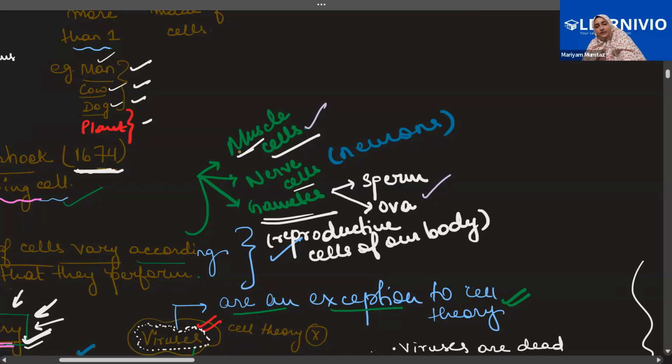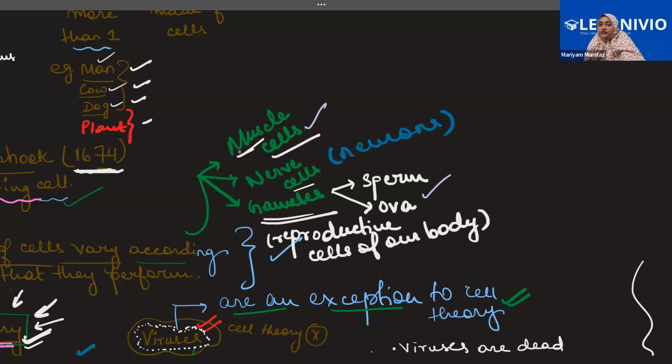They have a different shape. The nerve cells are the longest cells of our body, so they also have a different shape. And then there are the gametes: the sperm, which is the male gamete, and the ova, which is the female gamete. They have a separate function in reproduction. So according to the function that they perform, the cell's shape, size, and number also vary.